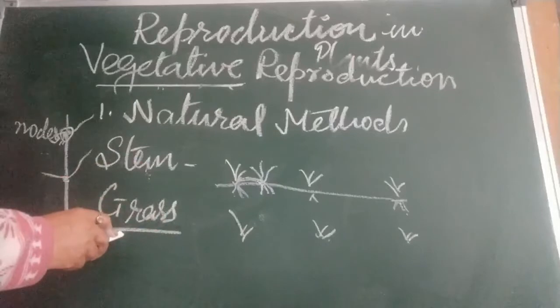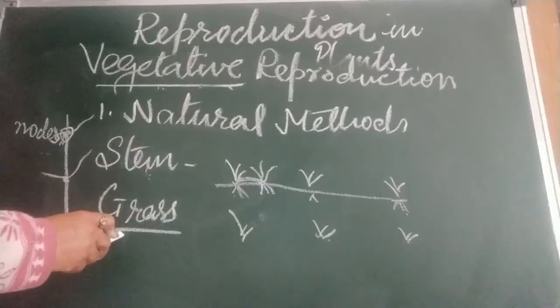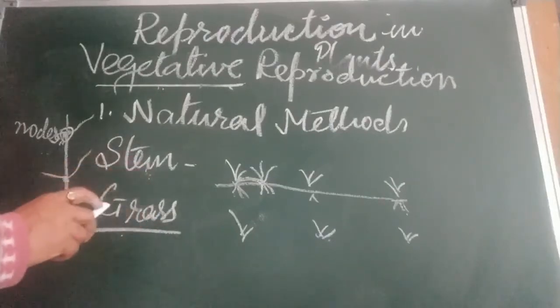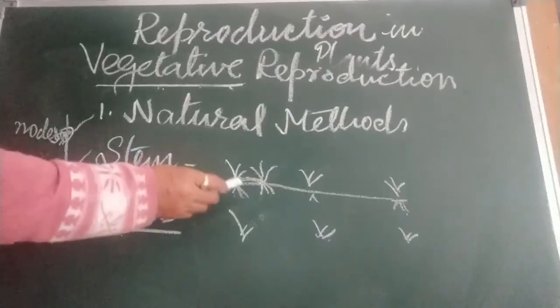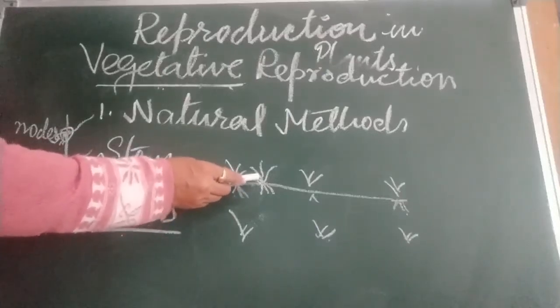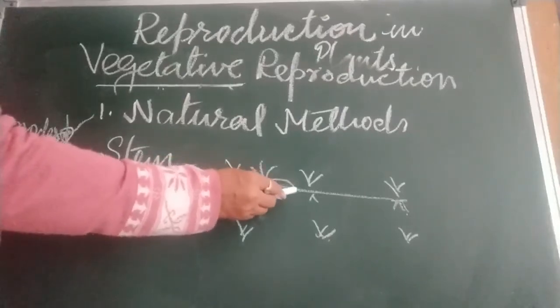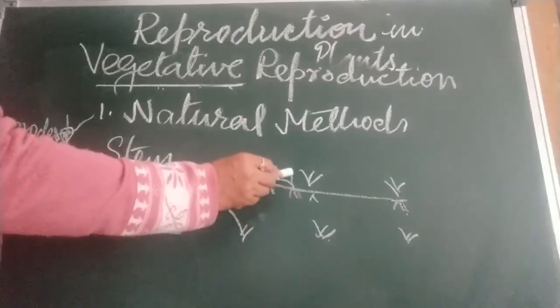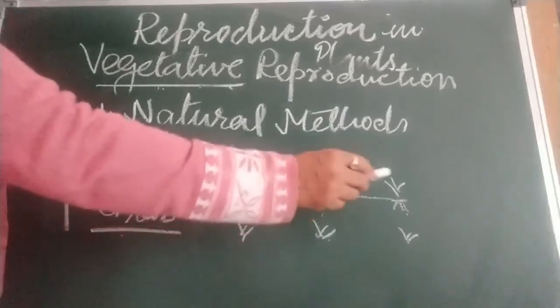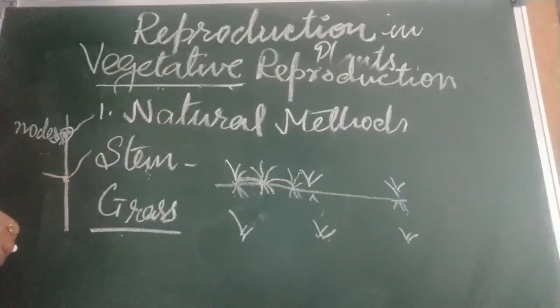Grass I told you. One more example is oxalis. You do not know about this plant, but grass all you know. New shoots grow upward, forming a new plant at frequent interval. This way the whole ground is covered by the grass.